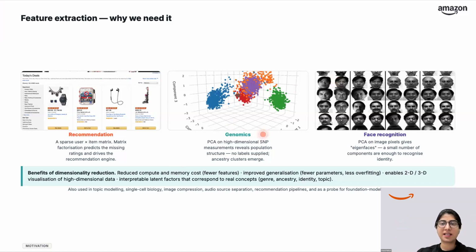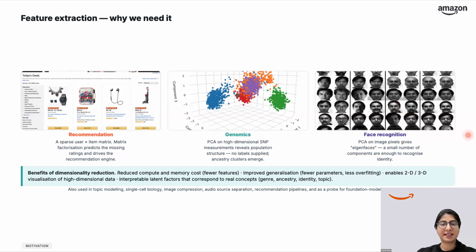Then you run PCA on this data and get the eigenfaces that capture the directions along which these faces vary, right? And now any face can be a weighted combination of these top eigenfaces.